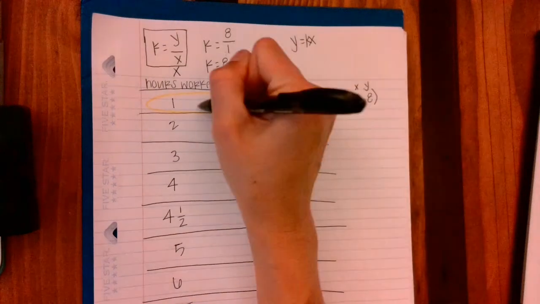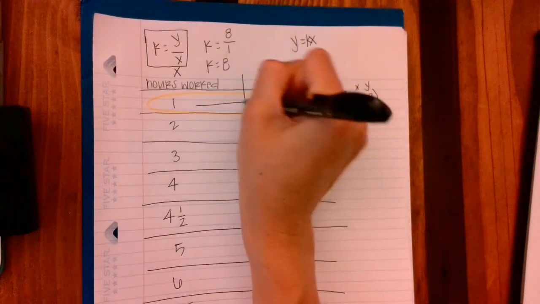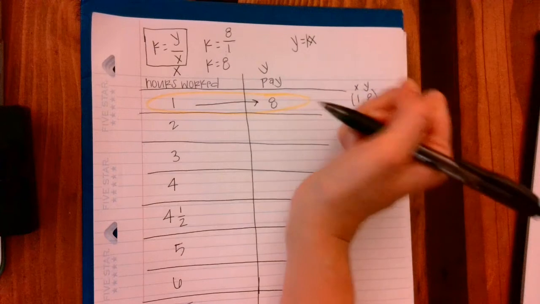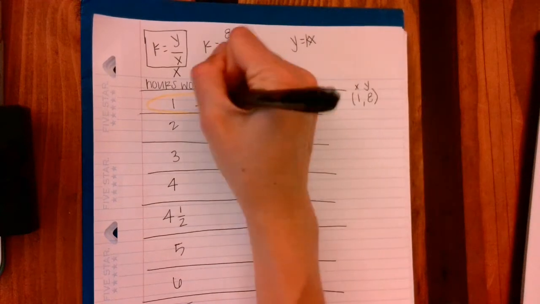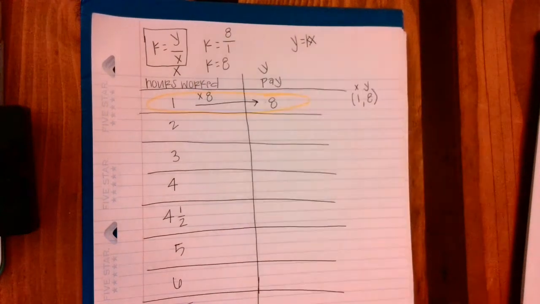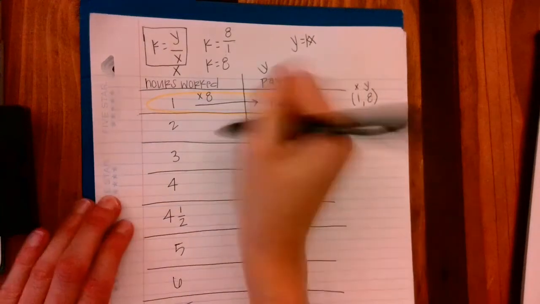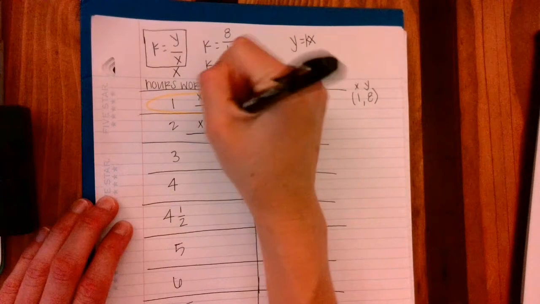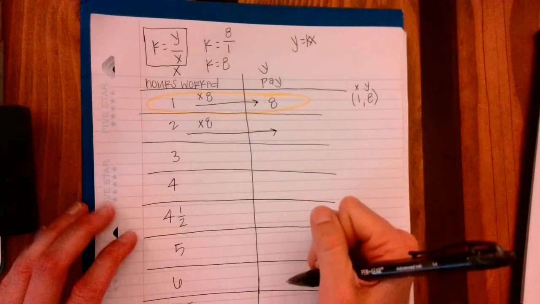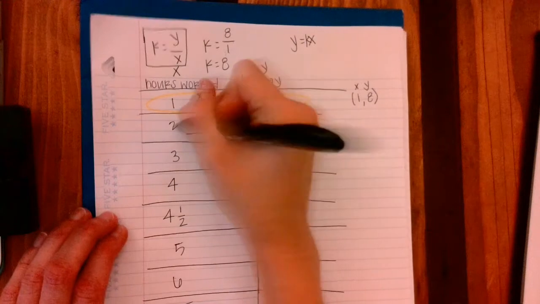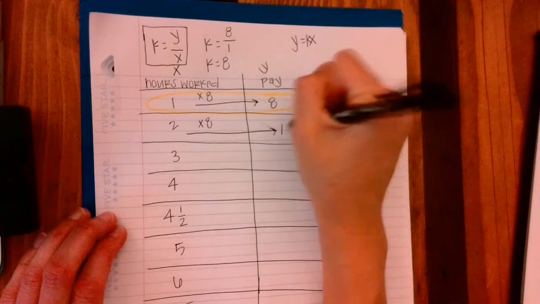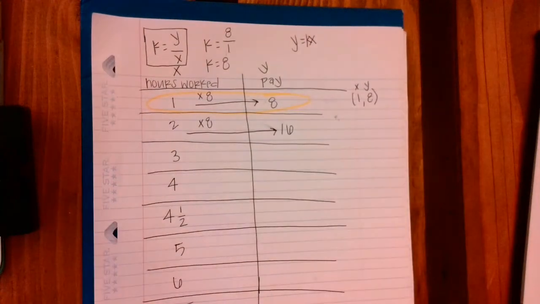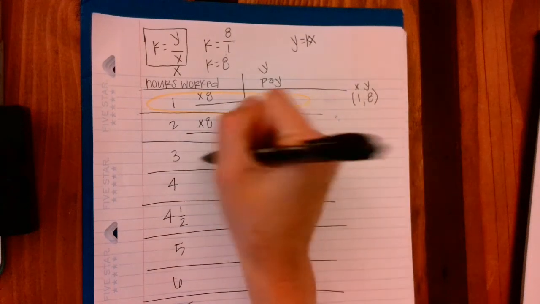So that means that I move from my x to my y, multiplying by a constant of proportionality of 8. So that means every time I move from my x to my y, I multiply by 8, which is my constant. So 2 times my constant is 16, meaning in 2 hours, I will get paid a total of $16.